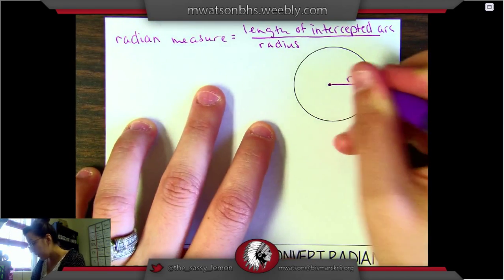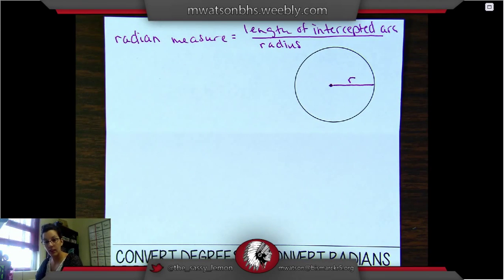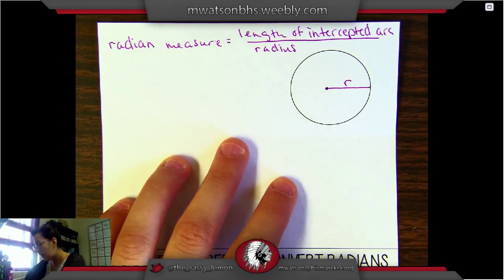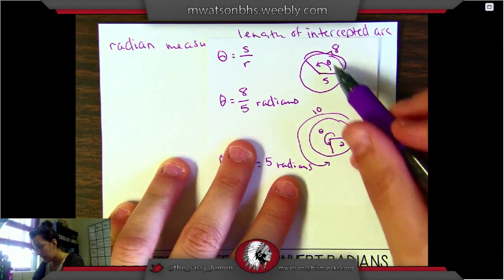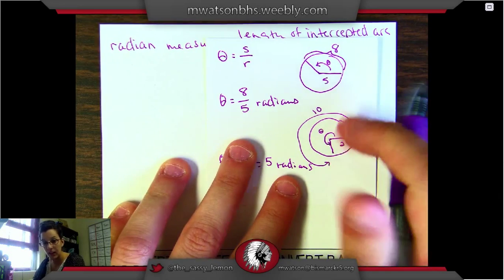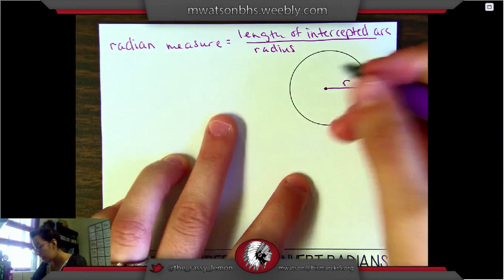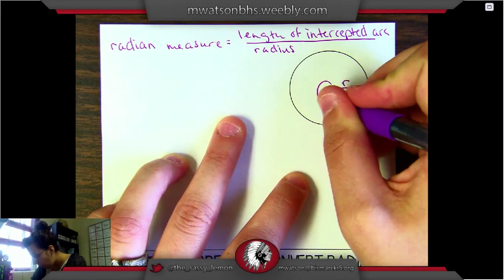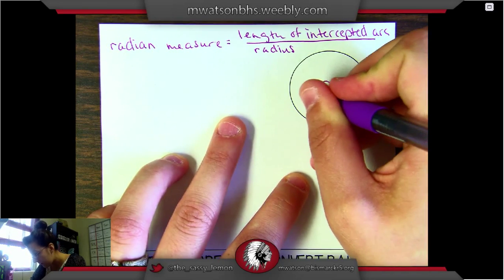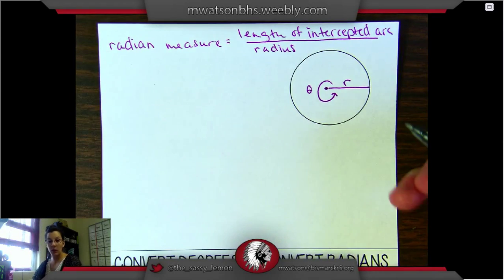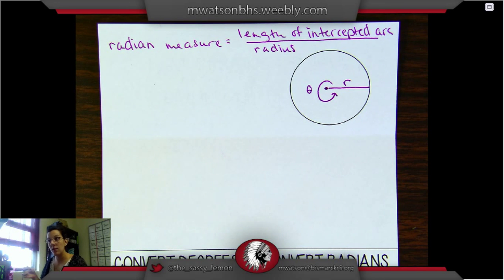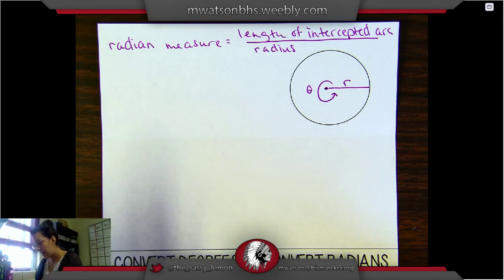And we're just going to label that r for radius, an unknown amount. And instead of our angle being an arbitrary size like these two examples, let's make our angle actually go all the way around. So in degrees, we would call that 360 degrees. But we don't know how big all the way around the circle is in radians. We just don't know yet.